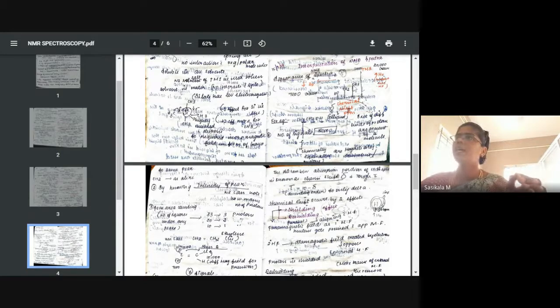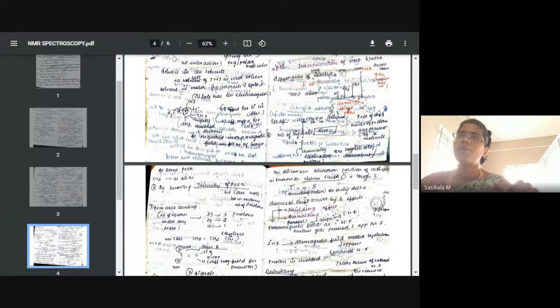Likewise, if we count the peak area under the peak for CH2 protons, then it may be around the 20s. So in the tens position you can see 2, and that represents 2 protons. Likewise, for 1 proton it will be in the 10s.